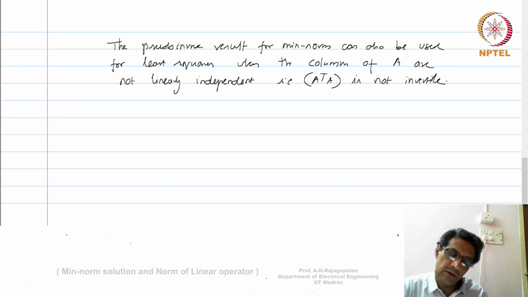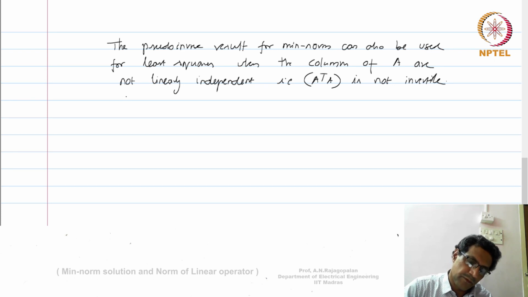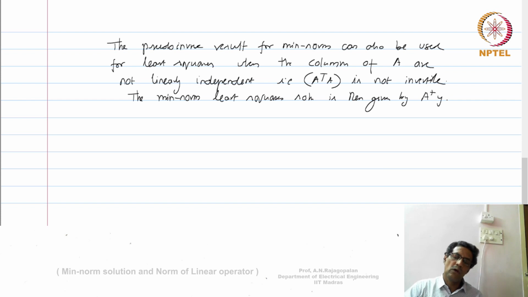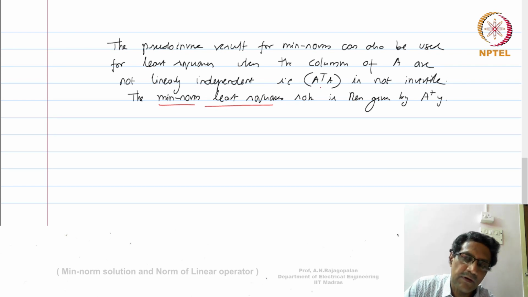So such a solution is called the min norm least squares solution, given by the pseudo-inverse of A acting on y. So this is for when A transpose A is not invertible.